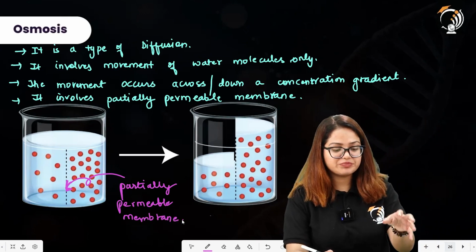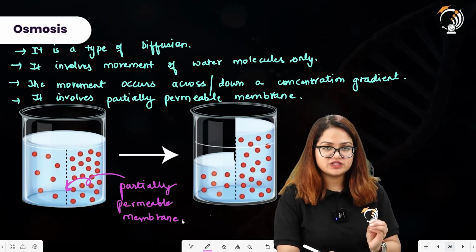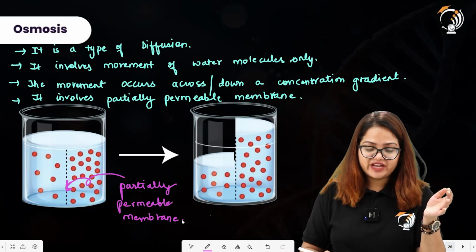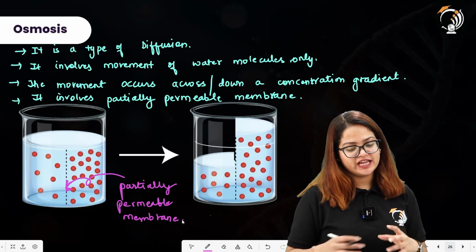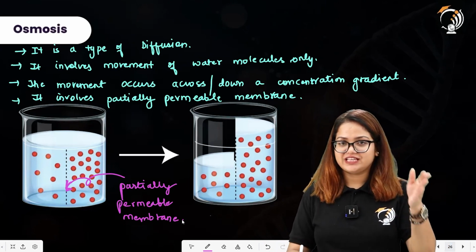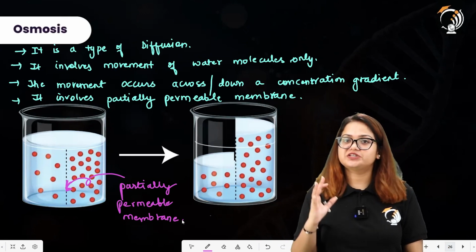This has separated the internal environment of this beaker into two different concentrations: on the left side we have the less concentrated solution, or dilute solution, on the left side of this partially permeable membrane, and on the right side we have concentrated solution.